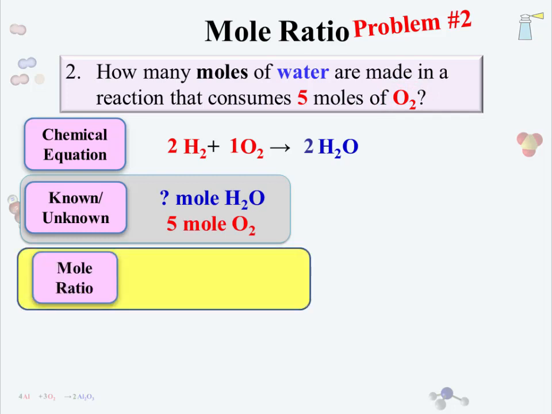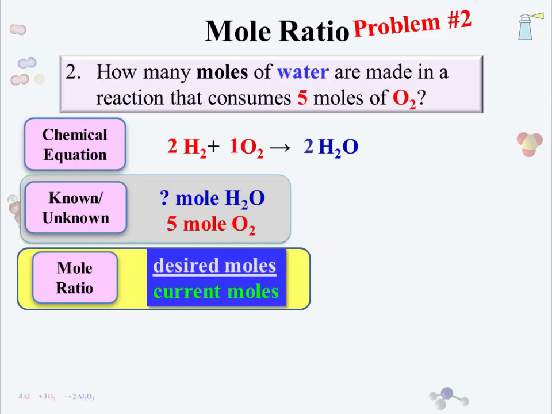The next step is to find a mole ratio from the known and unknown. From the balanced equation, we see the desired units of 2 moles of water and the current units of 1 mole of oxygen. Again, it would be a mistake to put the 5 moles from the problem into the mole ratio. The mole ratio only contains values from the balanced chemical equation.